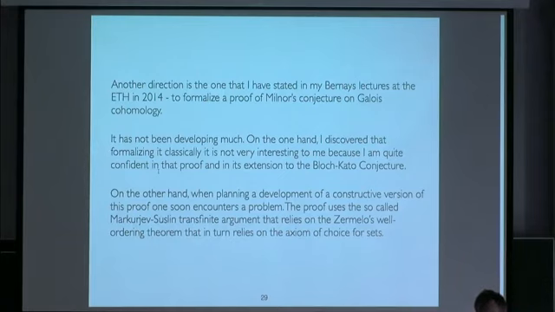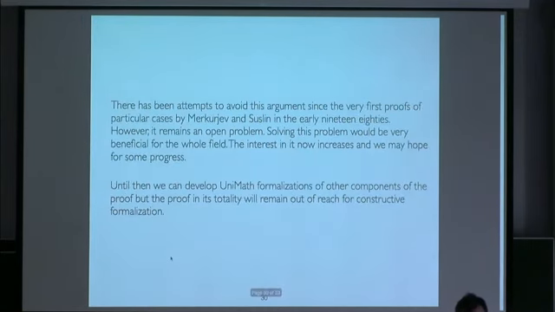I can see how it may go, and I see that many things can be done, but it hits one problem: the proof uses the so-called Merkurjev-Suslin transfinite argument, which relies on the Zermelo ordering theorem, and which in turn relies on the axiom of choice.